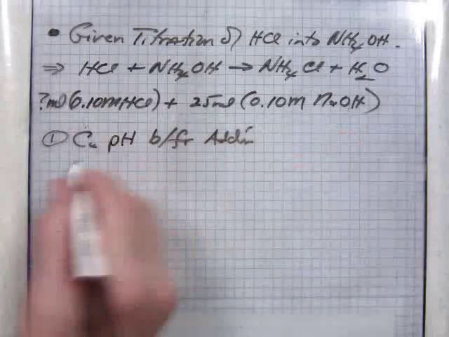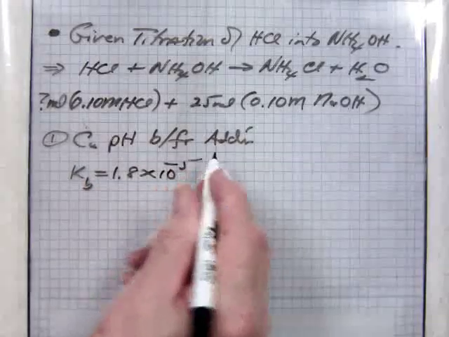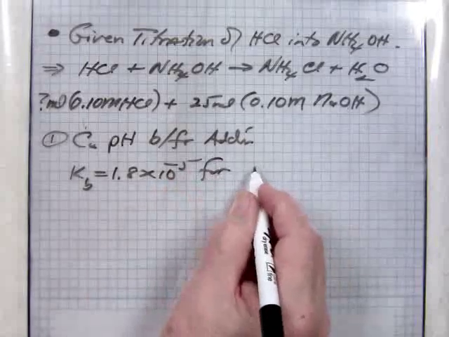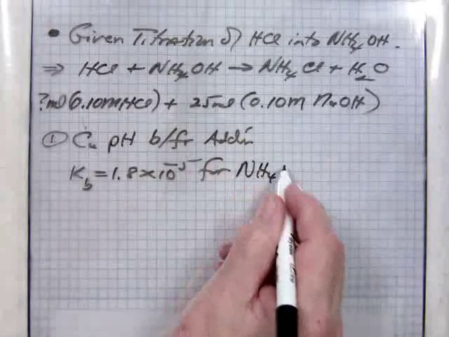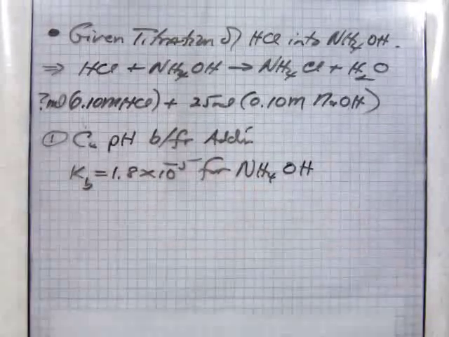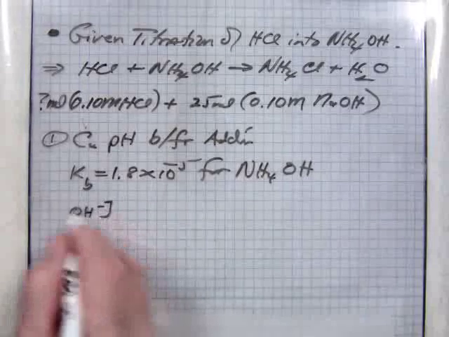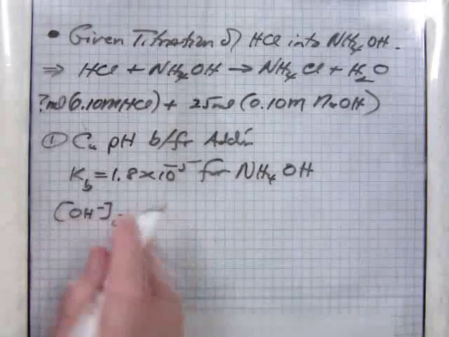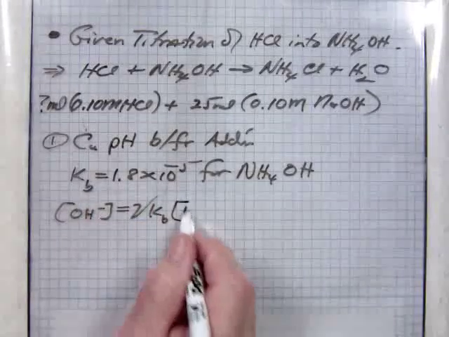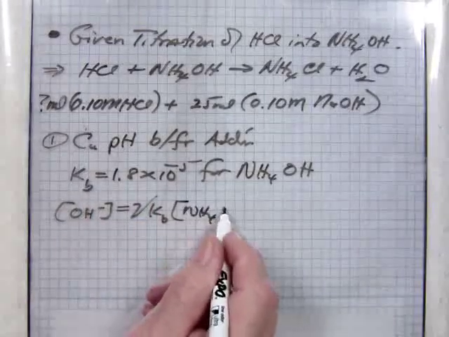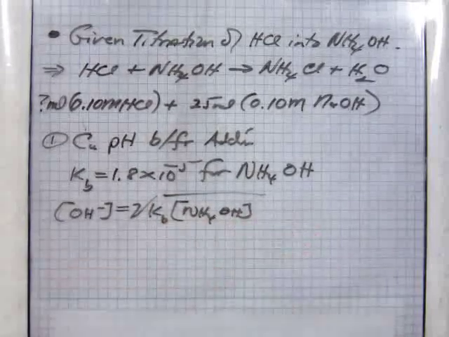Now the Kb is 1.8 times 10 to the minus 5 for ammonium hydroxide. Like that. And so your hydroxide concentration initially before reaction is the square root of Kb times the concentration of NH4OH. And so go from there.